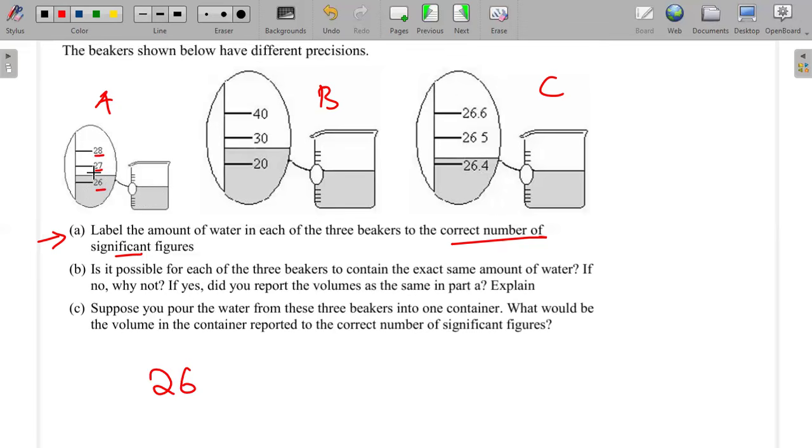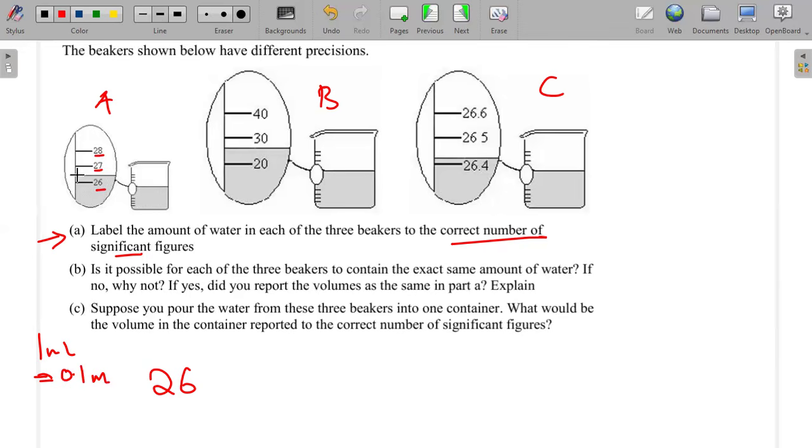The uncertainty we are going to estimate to the nearest 0.1 milliliter, because here the marks are just 1 milliliter apart. So the uncertain digit is going to be the same number with a 0 point in front, so 0.1 milliliter.